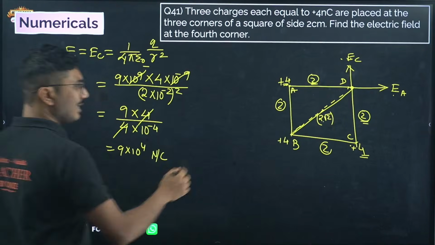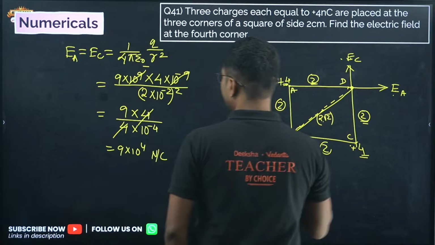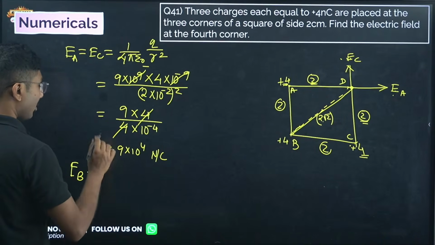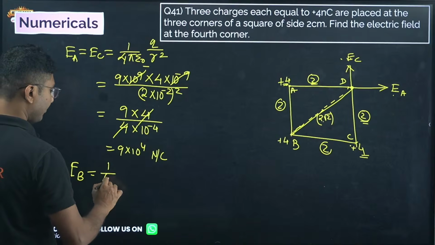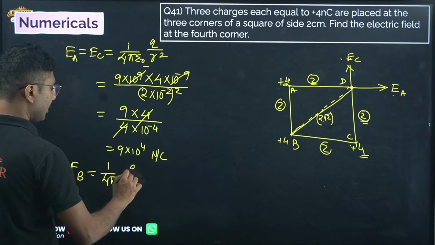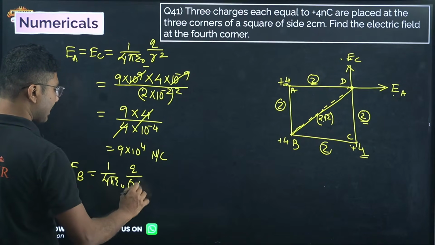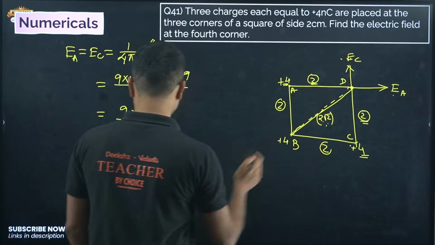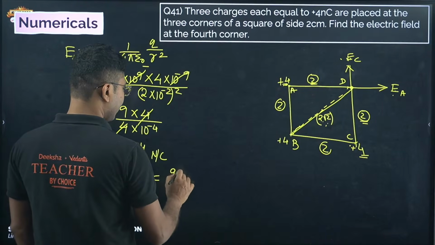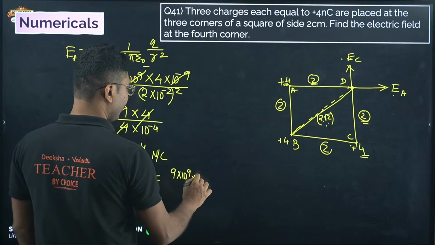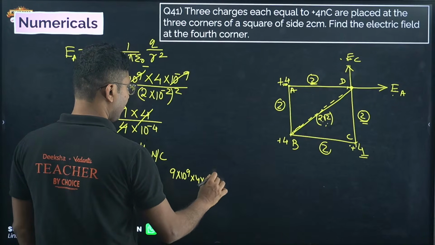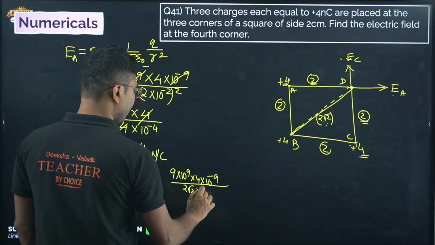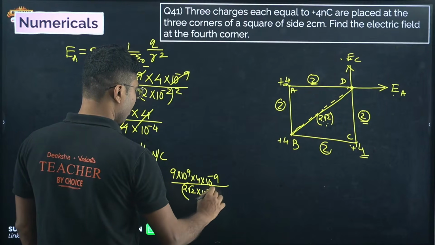And what about EB? You can calculate EB as well. Formula is same, 1 by 4 pi epsilon naught Q by R dash square. Now what is R dash? R dash is 2 root 2. So again 9 into 10 to the power of 9 into 4 into 10 to the power of minus 9 divided by 2 root 2 into 10 to the power of minus 2 whole square.